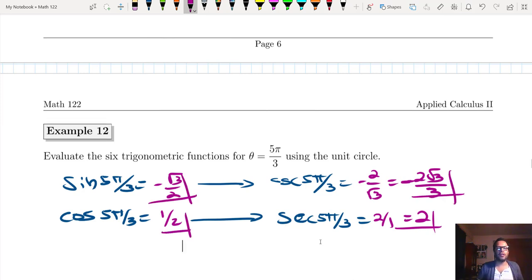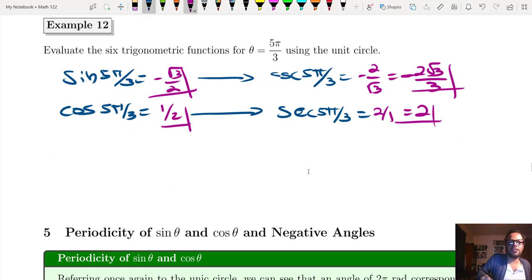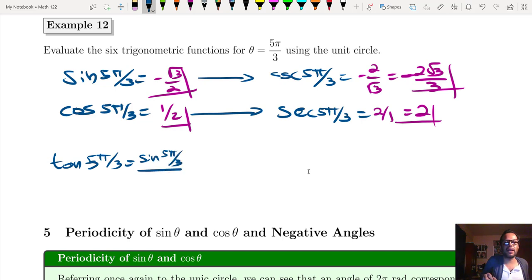It is our job now to find tangent of 5 pi over 3, which is the same as evaluating sine 5 pi over 3 divided by cosine 5 pi over 3. Okay? And in this case, we are given those values, negative root of 3 over 2 divided by 1/2.